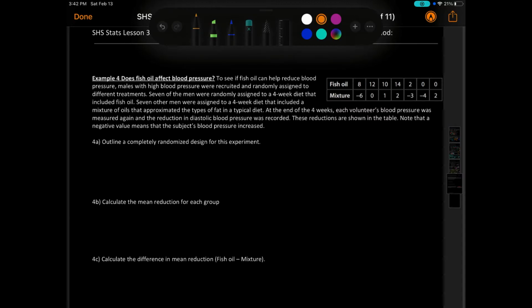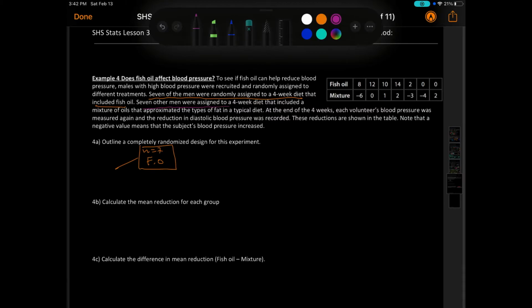To see if fish oil can help reduce blood pressures, males with high blood pressure were recruited and randomly assigned to different treatments. 7 of the men were randomly assigned to a 4-week diet that included fish oil. So N equals 7, and then you got FO, fish oil. That was one group.